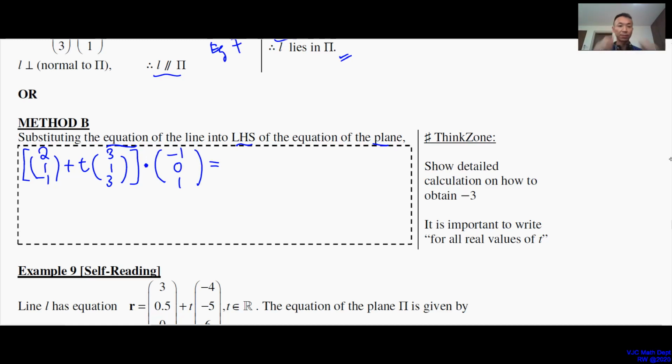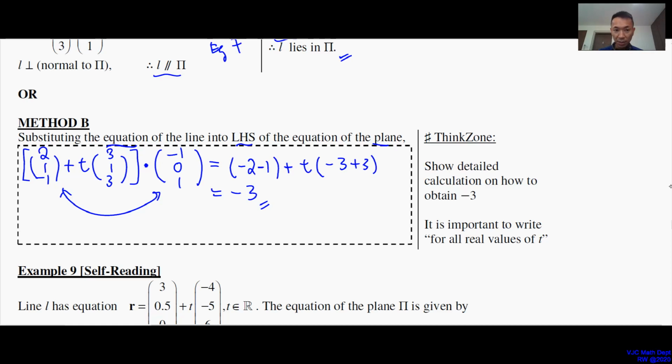What do I get? I use the distributive property. I distribute like that. That means I take this dot this first. I get minus 2, minus 1, plus t, minus 3, plus 3. In the end, I realize that the t goes, I will get minus 3.